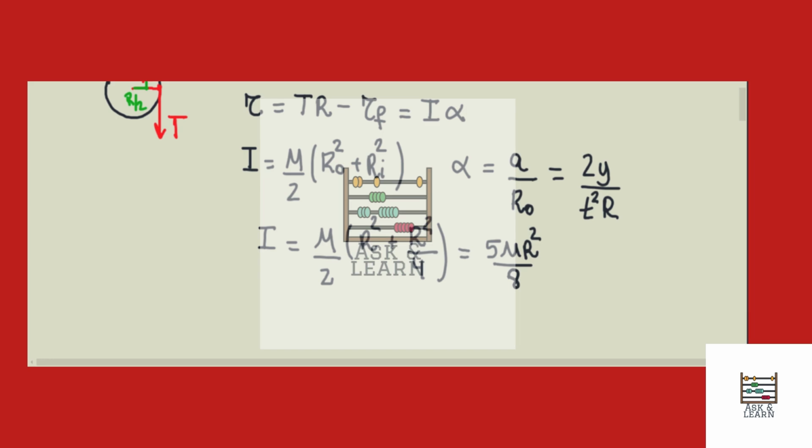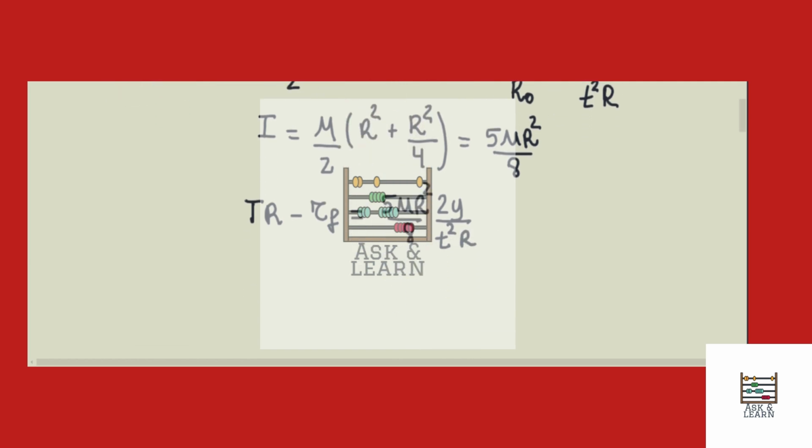So what we obtain is that, from this torque equation, Tr minus tau f is equal to 5m r squared over 8 times 2y over t squared r, and this is equal to 5m r y over 4 t squared.